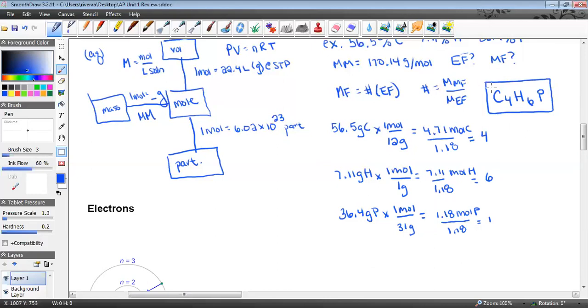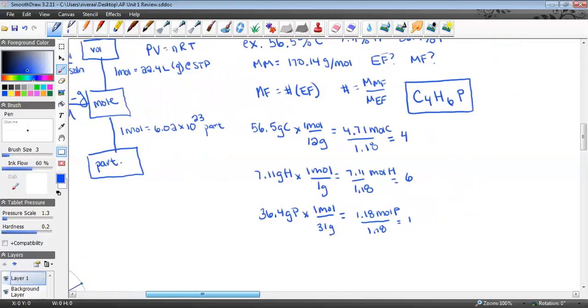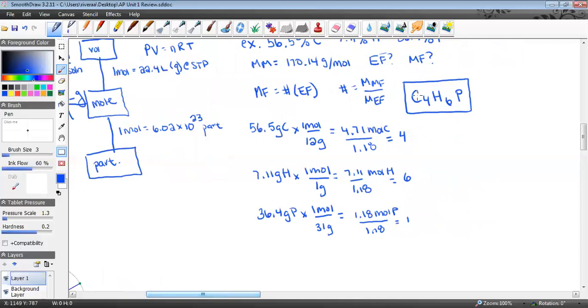Okay, so you guys should have gotten an empirical formula of C4H6P. That's my empirical formula, simplest whole number ratio of the elements in the compound. To get the whole number multiple that the molecular formula is going to be, I need to divide the true molar mass of the compound, which is the 170 grams per mole I gave you, over the empirical formula's mass, whatever that guy's mass is.